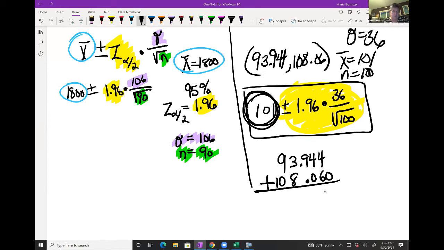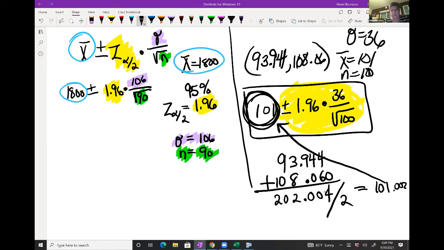What do you get when you add those two? 202.004. Let's take this number now and divide it in half. What do you get? 101.002. Look familiar?